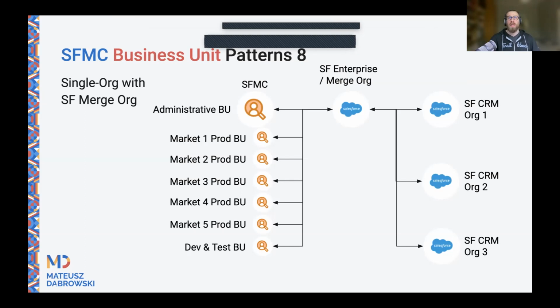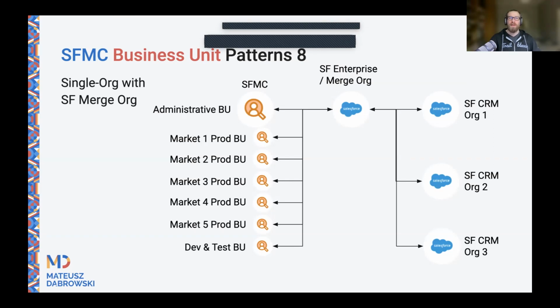I can go here to the project that Fanny and I were on together recently, where we had a quite interesting setup of orgs because we had 2 Marketing Clouds. One was in the single org configuration, the second was in the multi-org configuration.